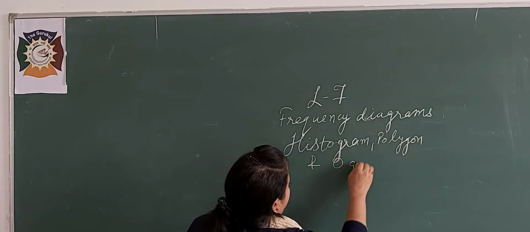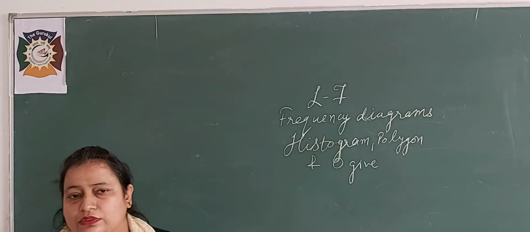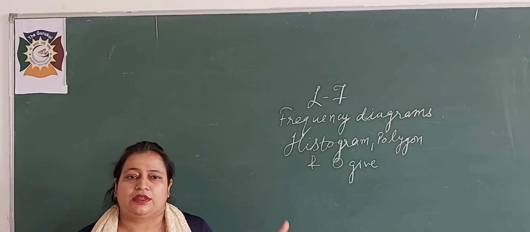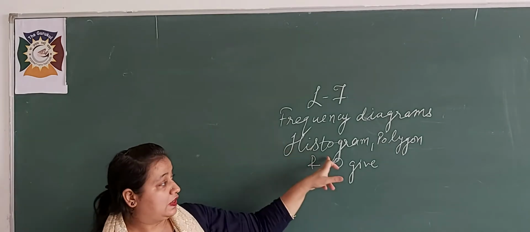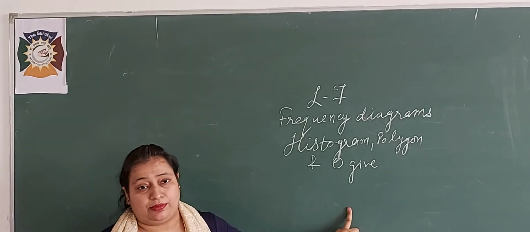These are the content of this chapter. We shall study the three contents. Main contents are histogram, polygon and ogive.